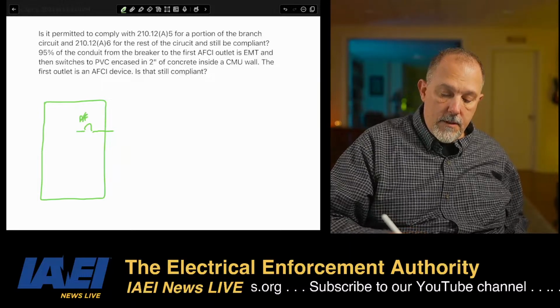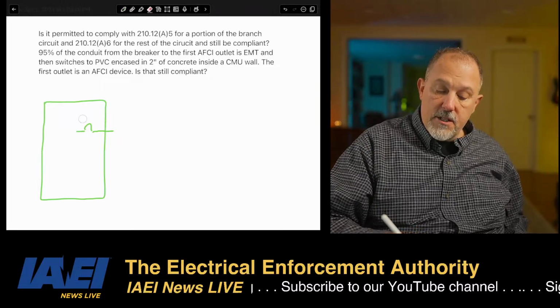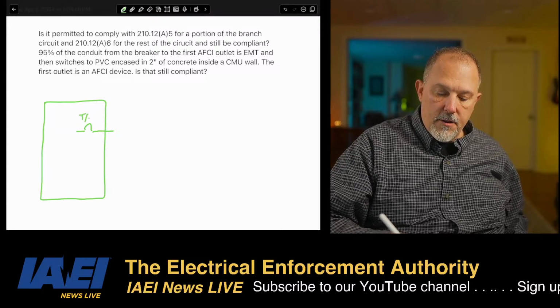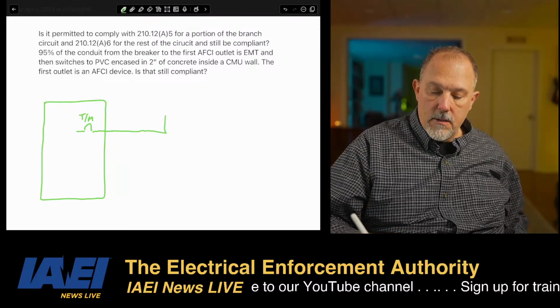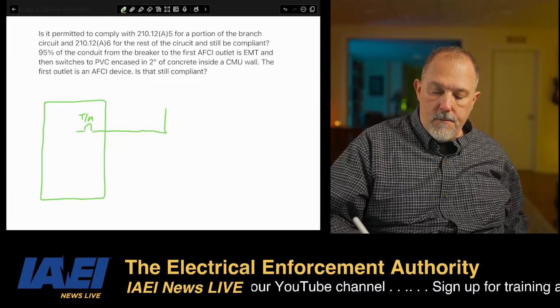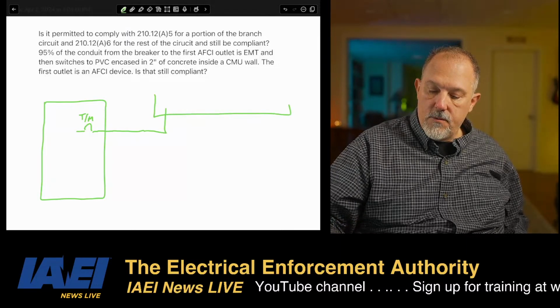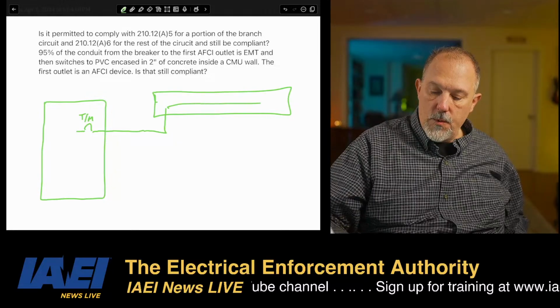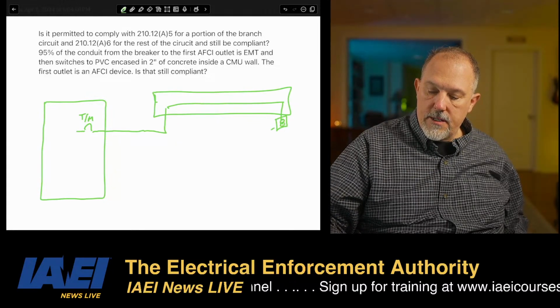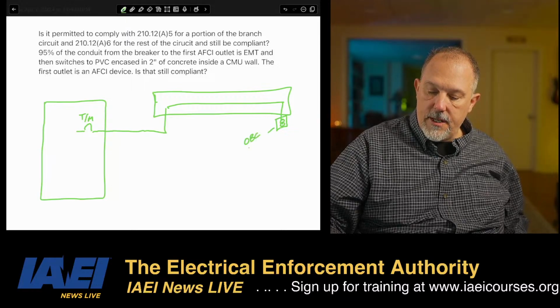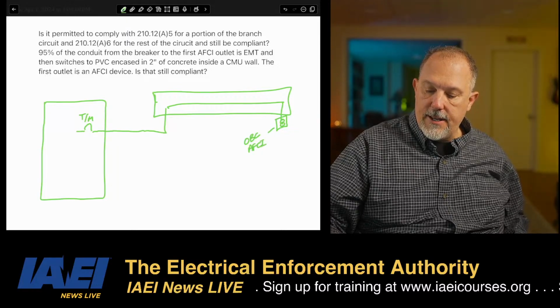No, this is just a standard thermomagnetic breaker. We'll do this. And that's the OBC AFCI.